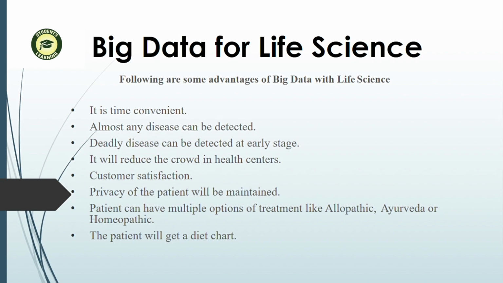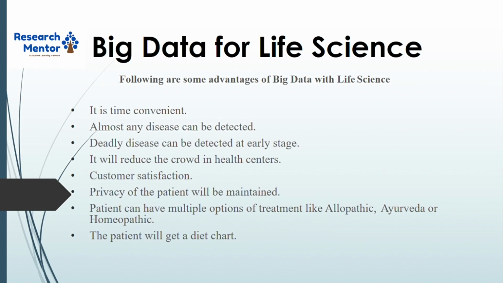So there are numerous advantages of big data with life science. It is time convenient, and almost any disease can be detected. Next, deadly diseases can be detected at an early stage. That is the most powerful advantage of big data. Next, it will reduce the crowd in health centers. That means with the help of big data, we can easily reduce the crowd and population of health centers or medical centers. Next is customer satisfaction.